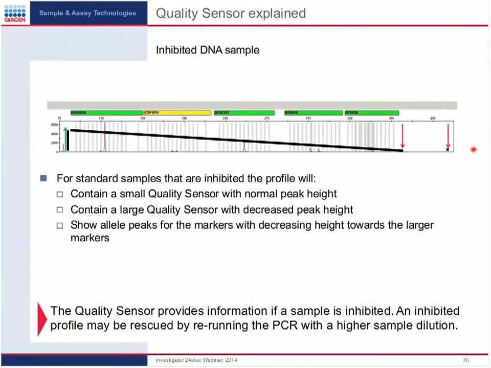This shows you that the PCR is inhibited and doesn't work well. You can rerun the PCR, for example, by diluting the sample, or maybe it's also a good choice to purify the DNA again with an appropriate kit.